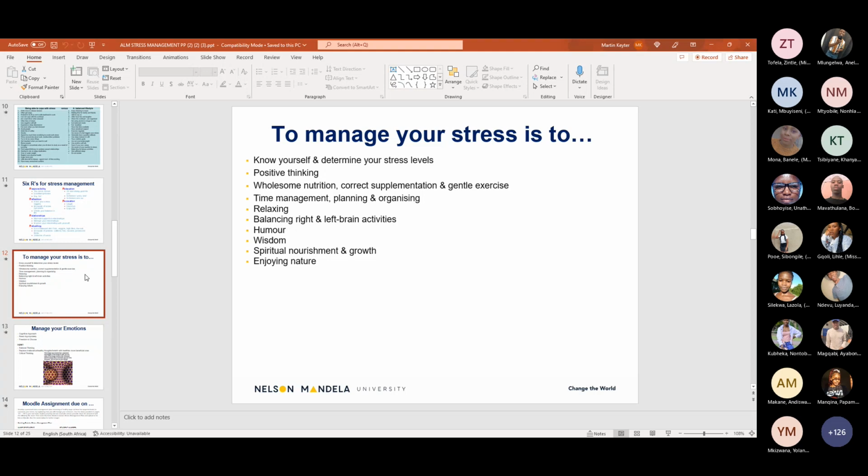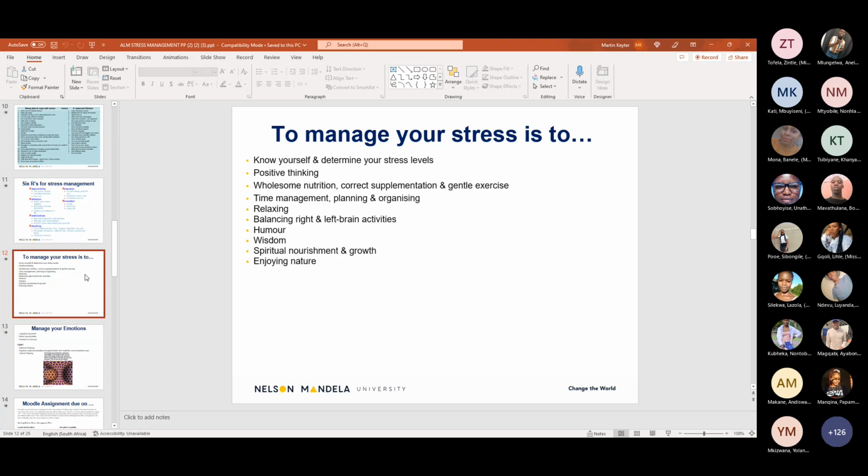So you need to be able to manage and create a balance between both sets of aspects in your life. And please keep that in mind. So it's no use that you're focusing on a positive attitude in life, you have high self-esteem, but now you do not have wholesome nutrition, you don't focus on exercise or correct supplementation.